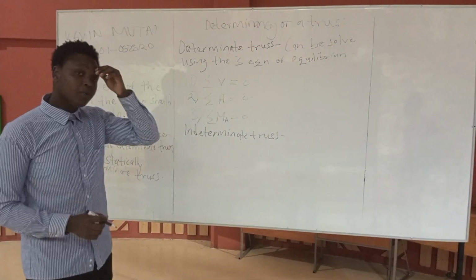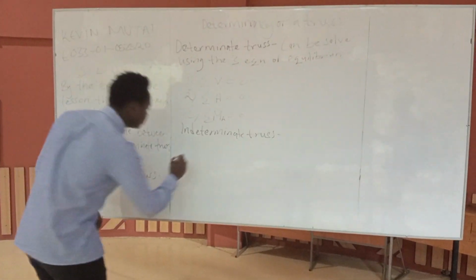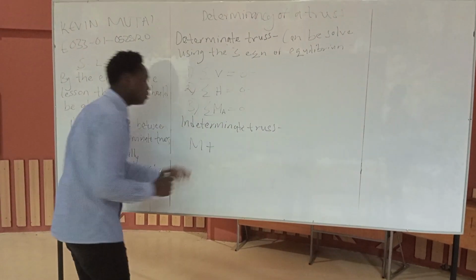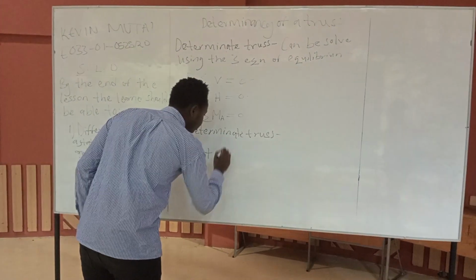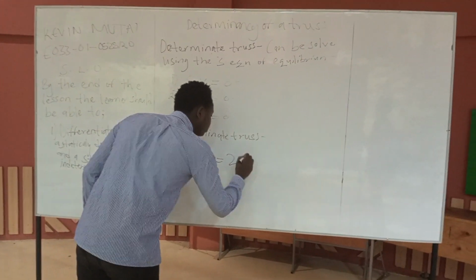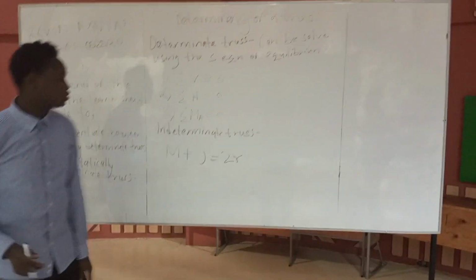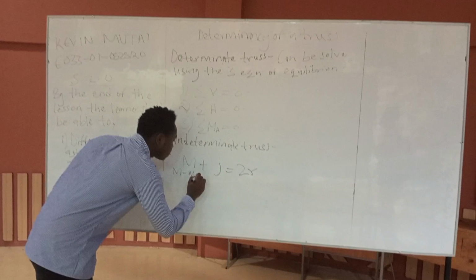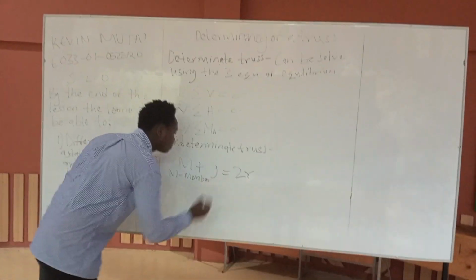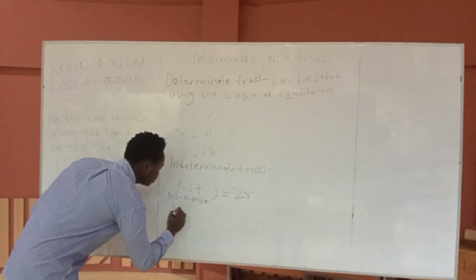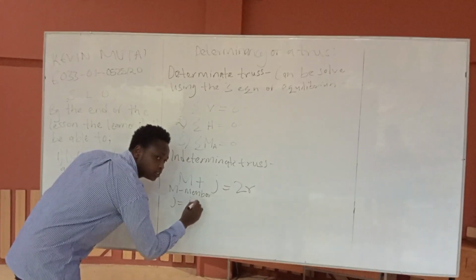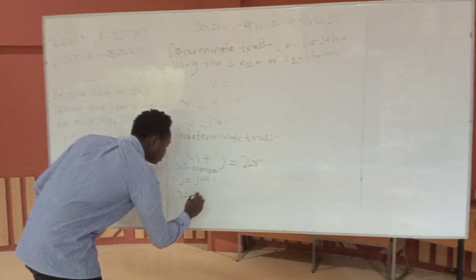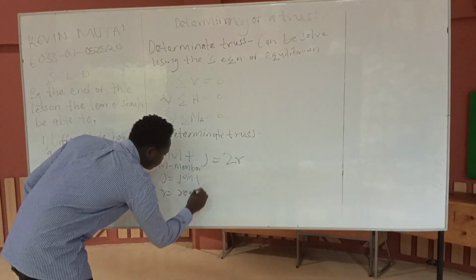So the formula for determining is M plus J should give you 2R. M is the member, J is joint, then R is the reaction or forces acting.